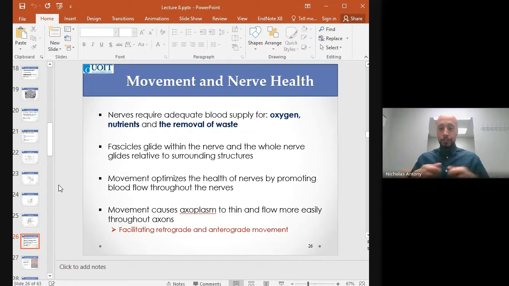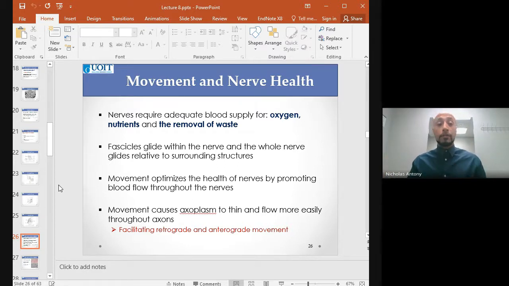So they stretch continuously with movement. And it's important because that movement helps optimize the health of the nerve by promoting blood flow and the movement of metabolites. It helps break up any scar tissue or inflammation that's been building up.